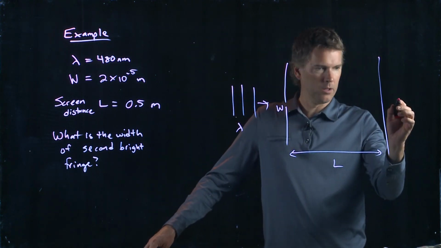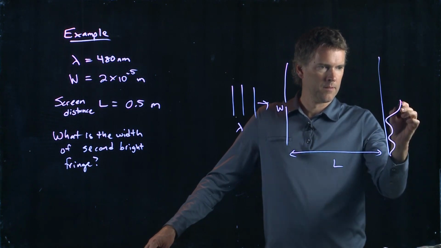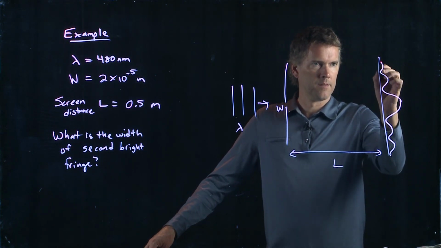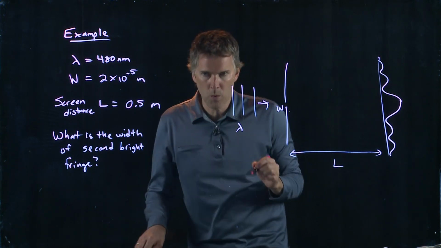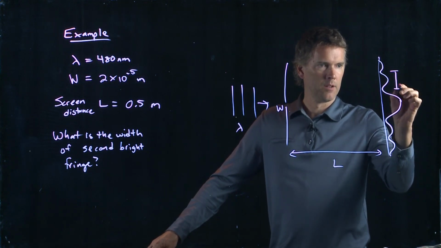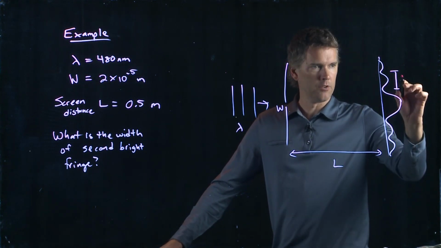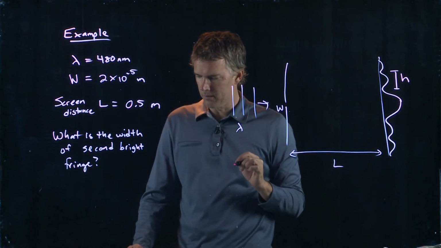And the pattern, we know what it looks like. It's this. Now what they want is the width of the second bright fringe. That's the second bright fringe. Let's call that H, and that's what they want to figure out.